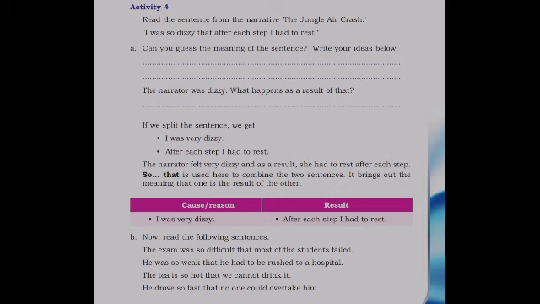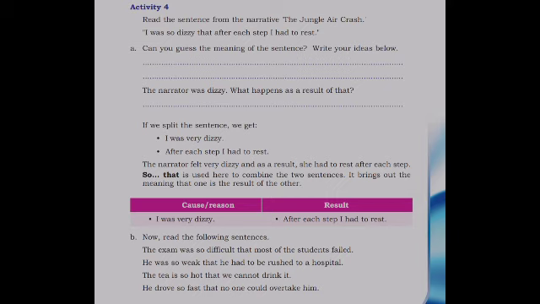Then the second one, he was so weak that he had to be rushed to a hospital. Here the reason, he was weak, and the result of that, he had to be rushed to a hospital. Then next one, the tea is so hot that we cannot drink it. So which is the reason here? The tea is very hot, and the result of that, we cannot drink it.